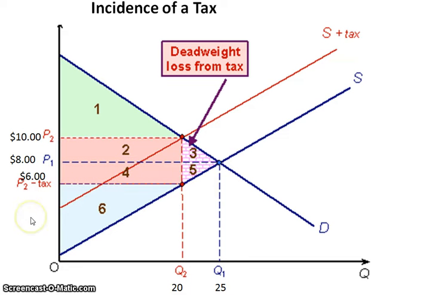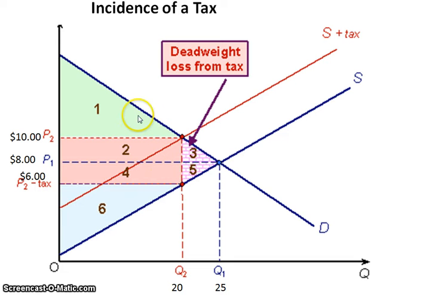In this case, they're equally splitting the tax, $2 apiece, because the elasticities of supply and demand are equal, and so it's divided equally. Over here, areas 3 and 5 are the deadweight loss because of the tax. Deadweight loss is the loss of consumer and producer surplus because of the reduction in the quantity.